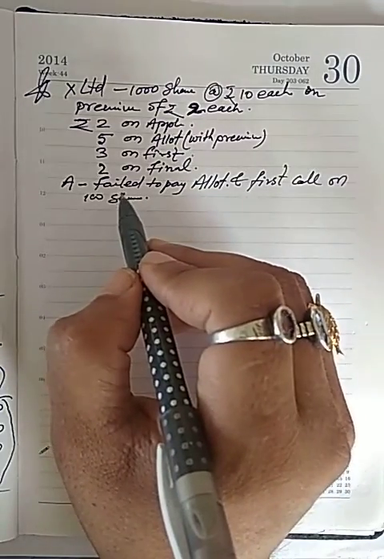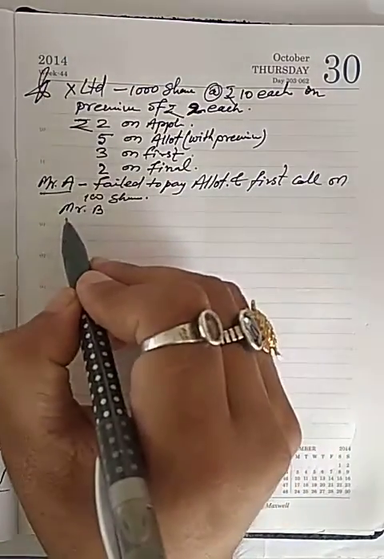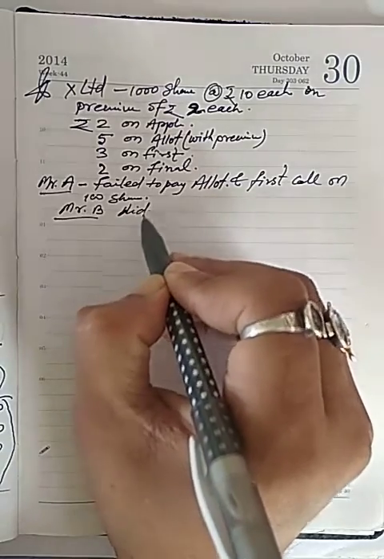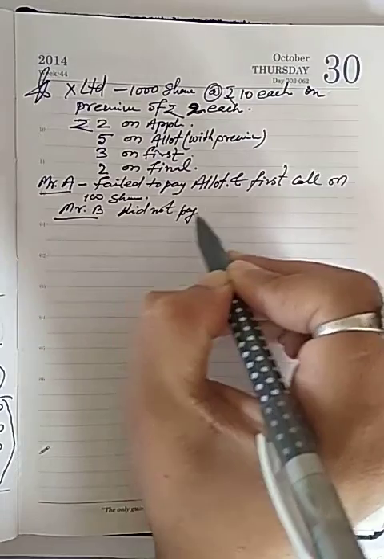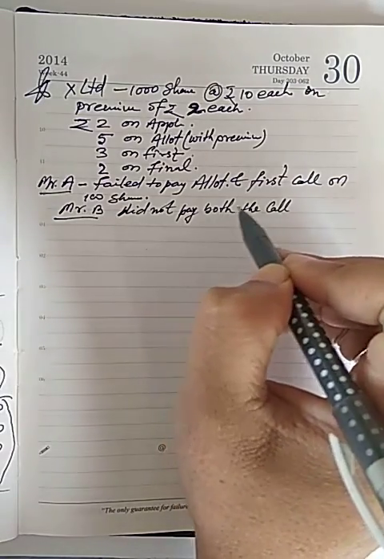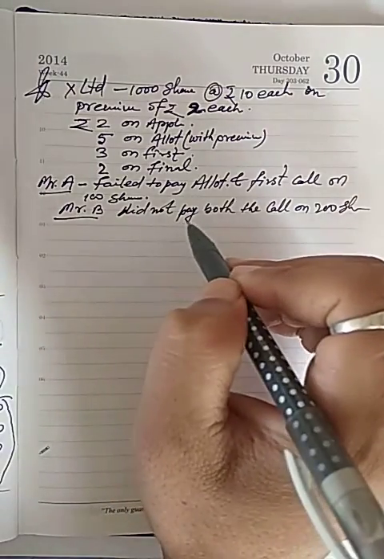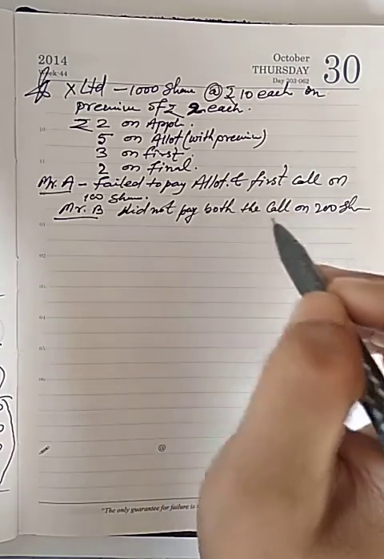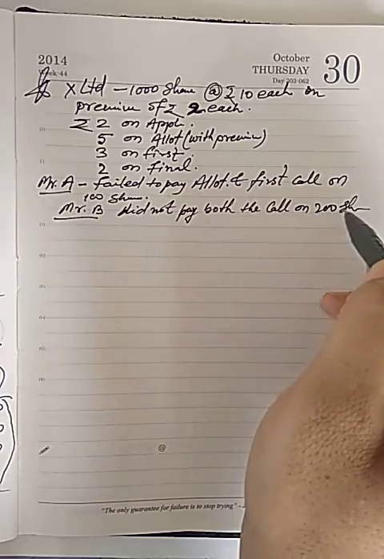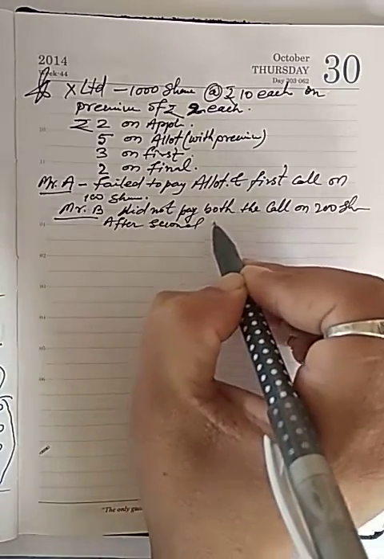And the question also says Mr. B, this was Mr. A and this is Mr. B, did not pay both the calls on 200 shares, and his shares were forfeited after the second call.